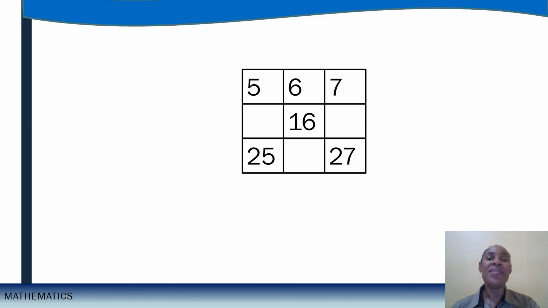If we use the same pattern of adding a multiple of 10 to get the number below in each column, and you said your answers are 15, 26, and 17, you are correct, boys and girls. You are amazing.